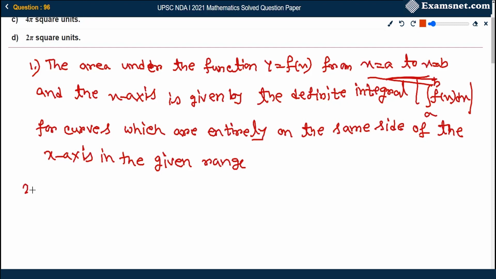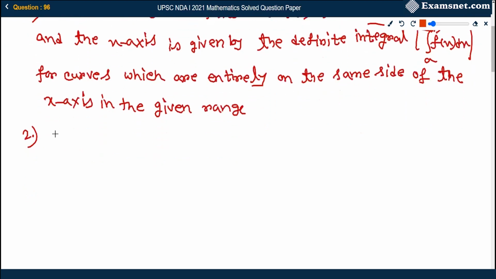Now what happens if the curve is on both sides of the x-axis?